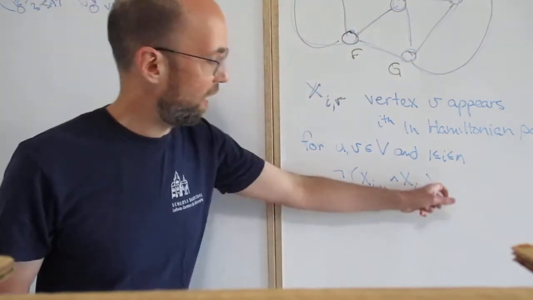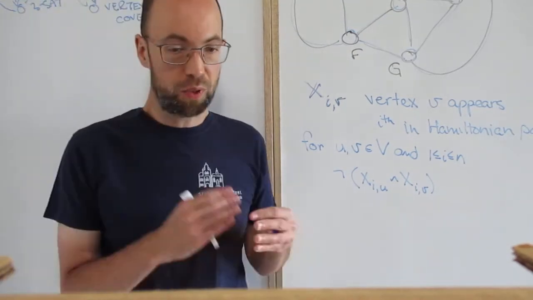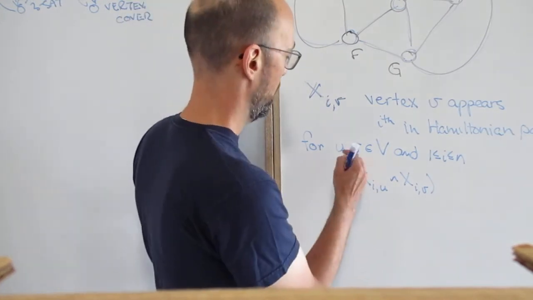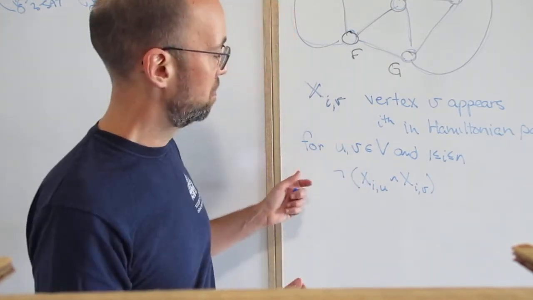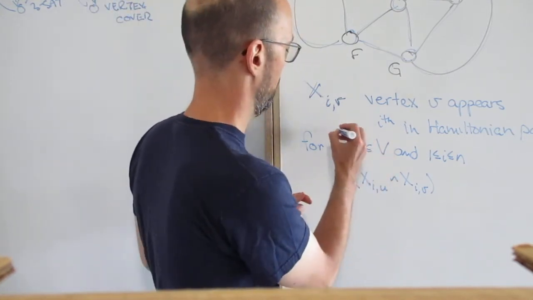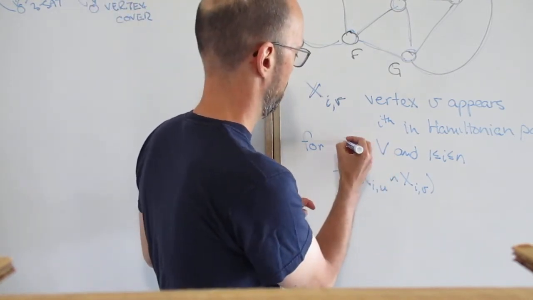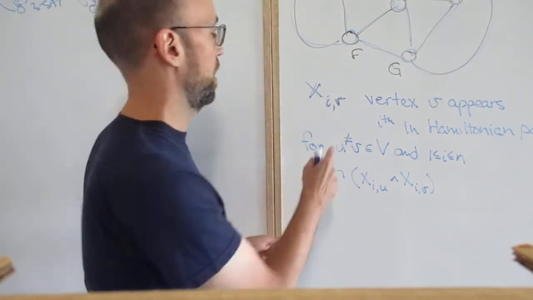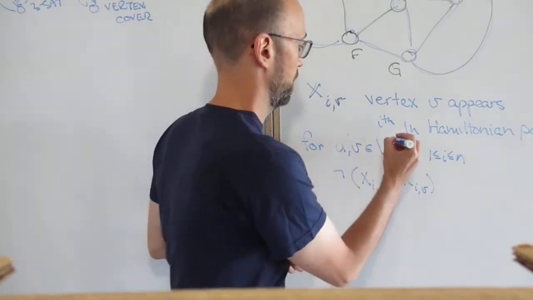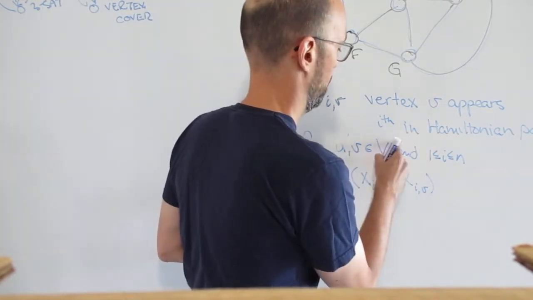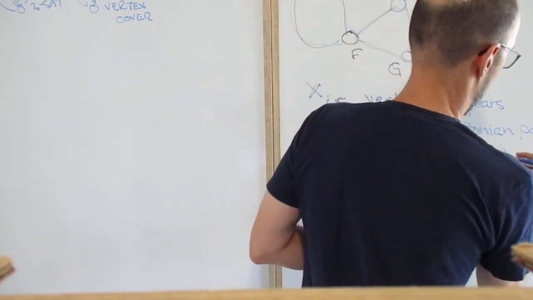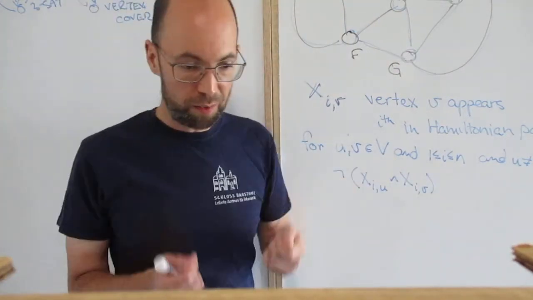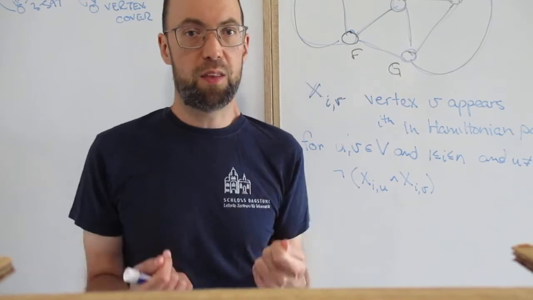Okay? So we add a clause that says for every i between 1 and n, and for every pair of vertices u and v with u not equal to v, they don't both occur in the ith position.